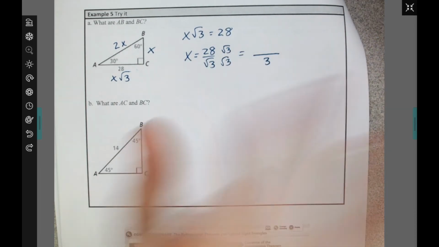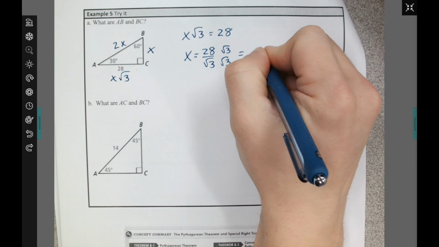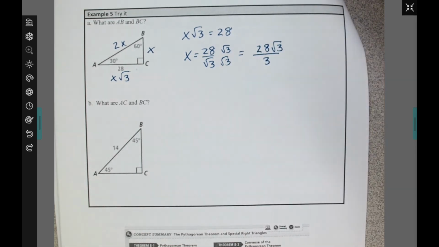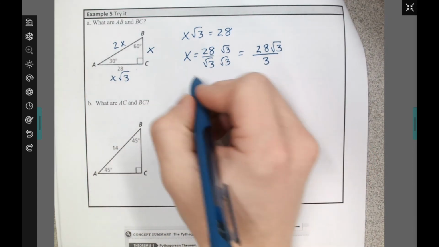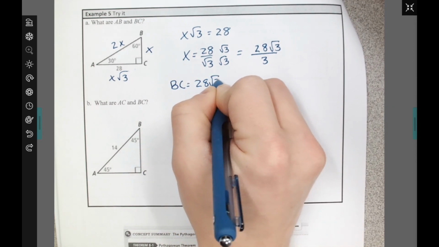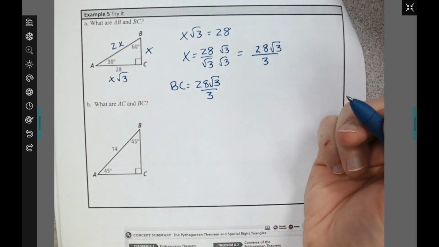Okay, the square roots go away. I'm just left with 3. Numerator is just going to be 28 square root of 3. And that would be your answer right there. Okay, so BC equals 28 square roots of 3 over 3.